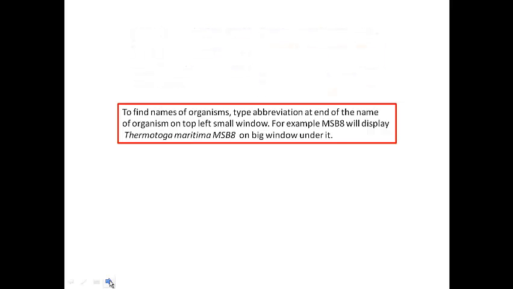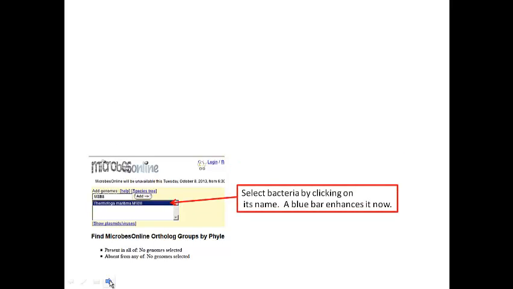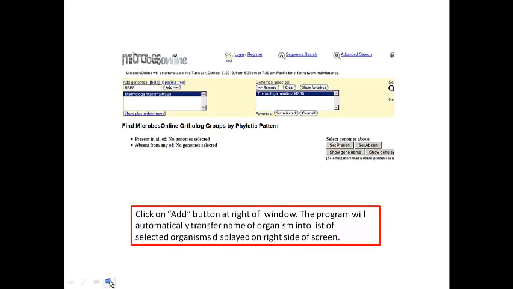Select this organism by clicking on its name. A blue bar enhances it now. Click on the Add button at the right of the little window. The program will automatically transfer the name of the organism into the list of the genomes selected displayed on the right side window on the screen.